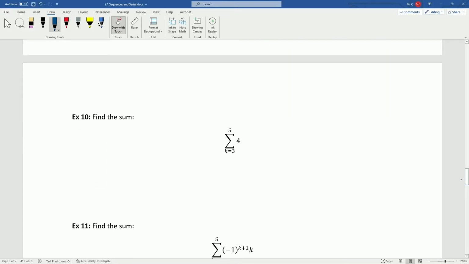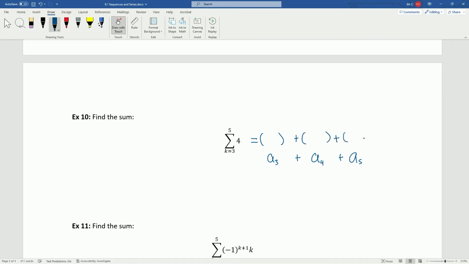Okay, so let's take a look at another example here. Find the sum from k equals 3 to 5 of 4. So this is a3 plus a4 plus a5.